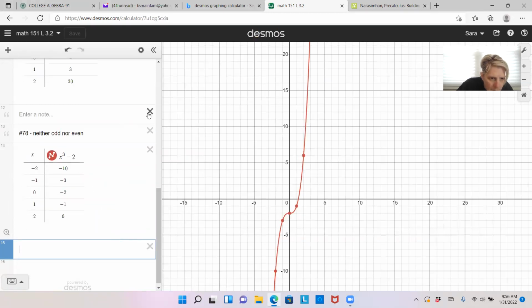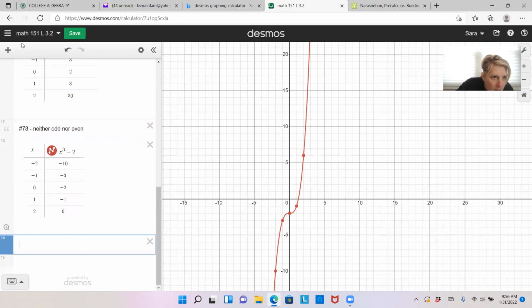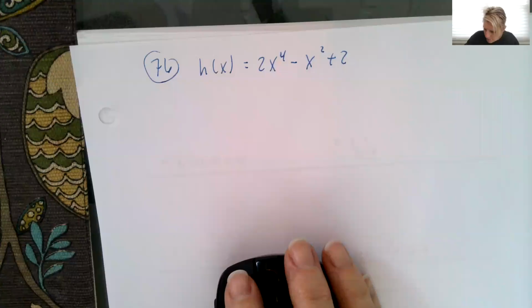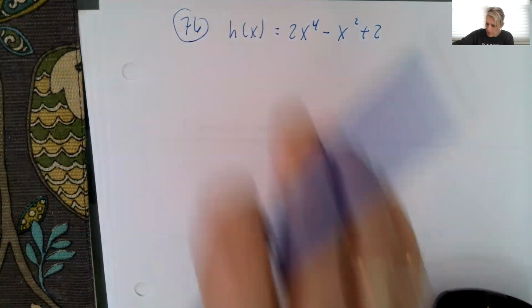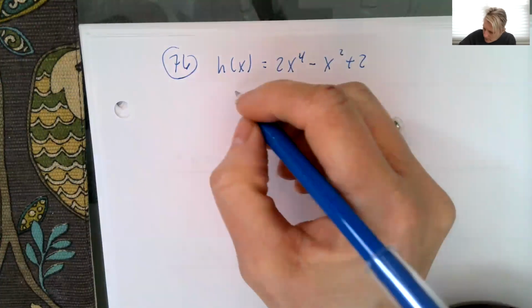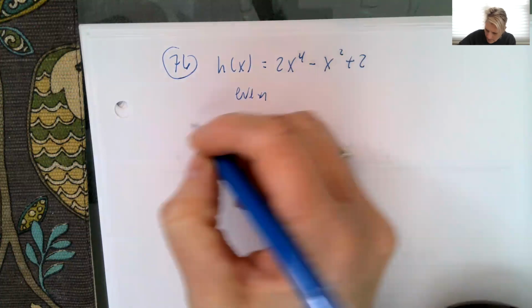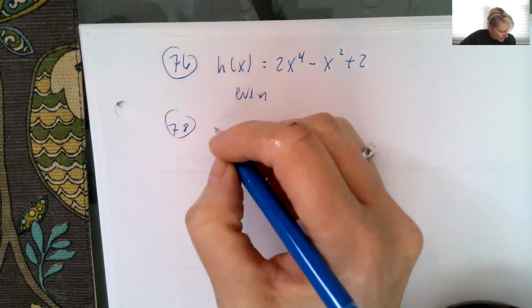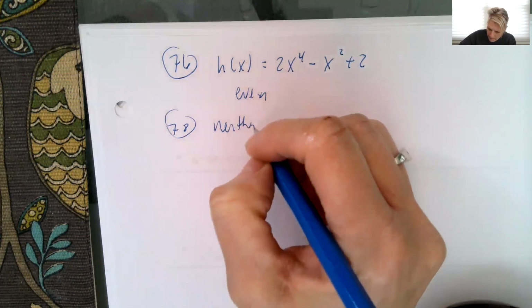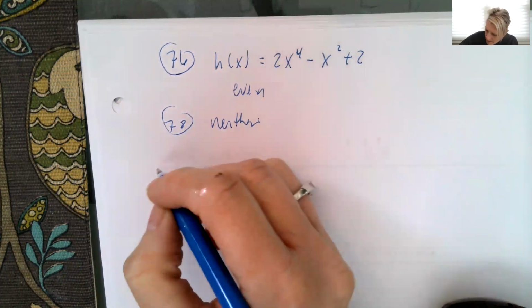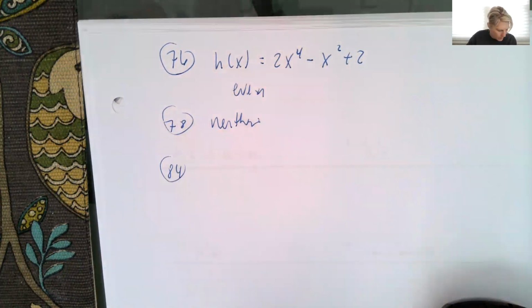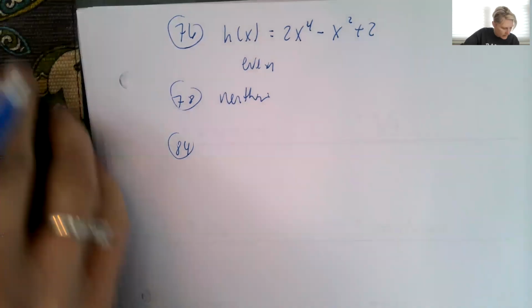Okay. So let's go back to my paper. So that was 76 was even, and 78 was neither. Let's look at 84 and 92. 84 is a graph again.